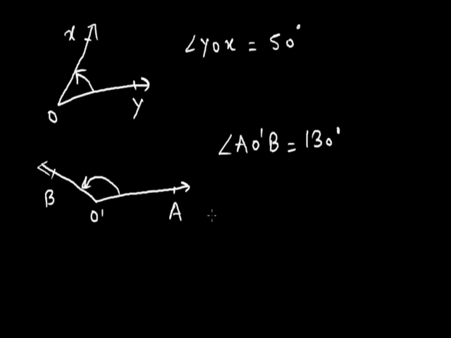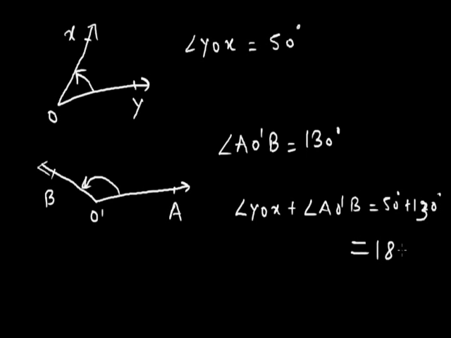Now we can see that according to the definition of supplementary angles, angle YOX plus angle AO dash B is equal to 50 degree plus 130 degree. Angle AO dash B is equal to 130 degree, and their sum is 180 degree. These two angles, angle YOX and angle AO dash B, fulfill the definition for supplementary angles, and their sum is 180 degree, but they are not linear pair of angles.